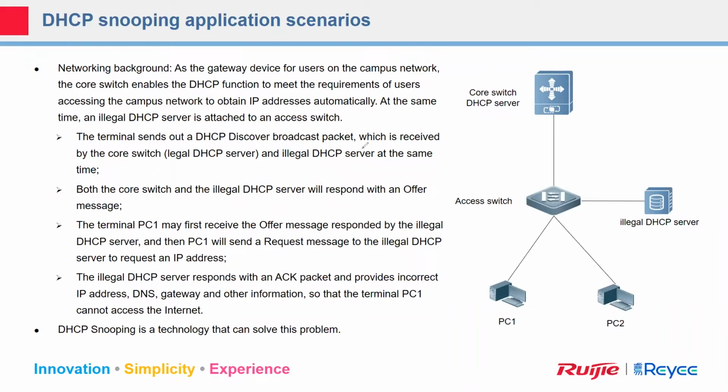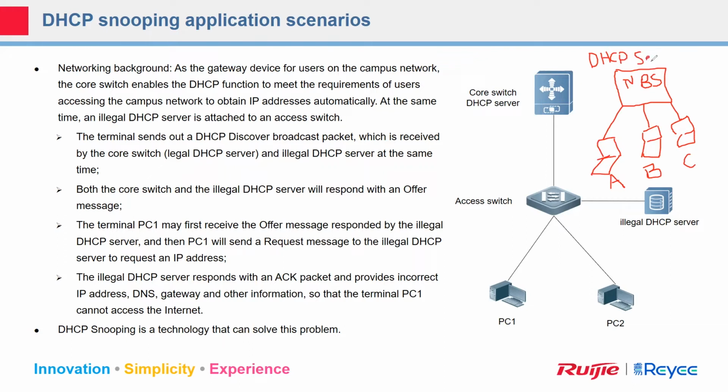So for example, if we have an NBS switch here, and those end users are connected to the NBS, let's say this is user A, user B, user C, and this is the DHCP server, which is responsible for serving the endpoints to give them IP addresses.